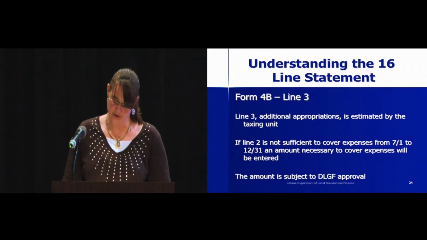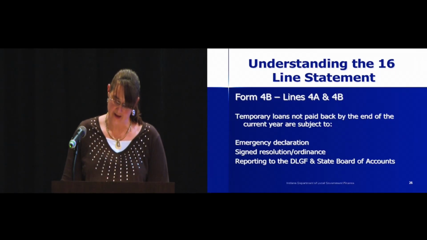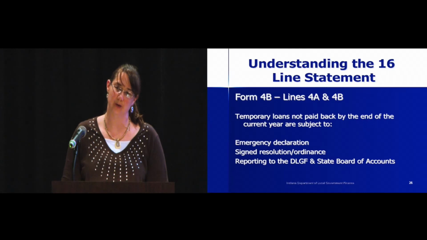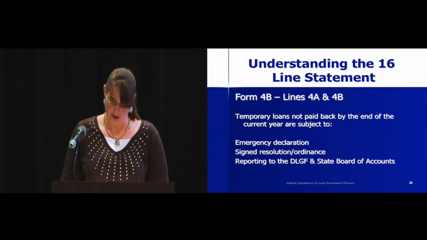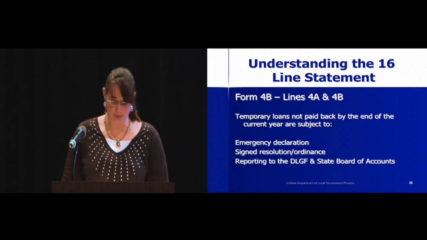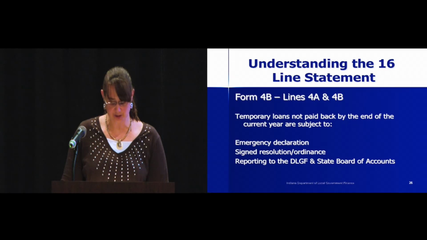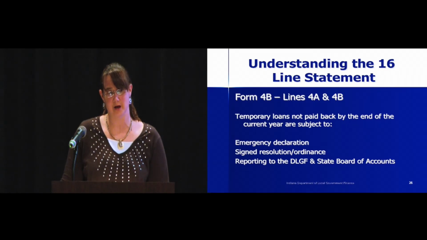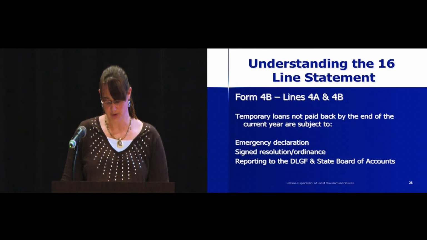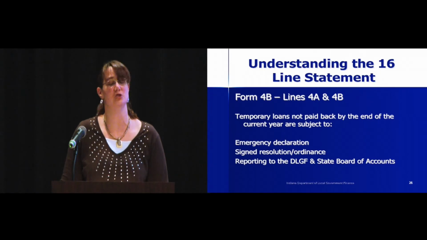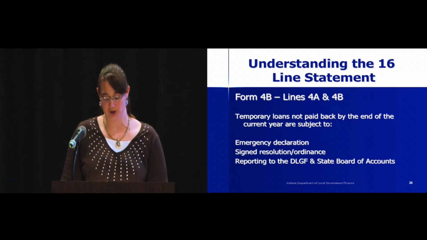Line 4A is your outstanding temporary loans that will be paid back by December 31st. Line 4B is your outstanding temporary loans that will not be paid back by December 31st, but will be paid back by June 30th of the ensuing year.